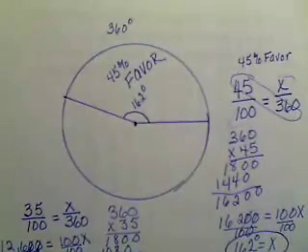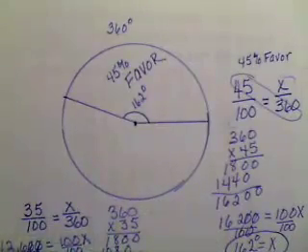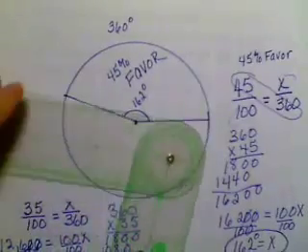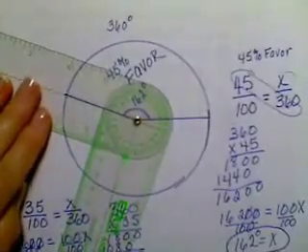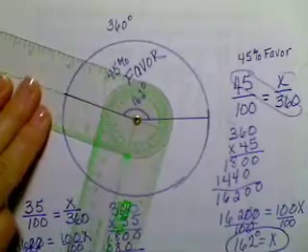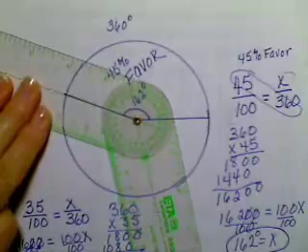If you're having trouble remembering how to use a protractor, you can Google, and there are some very nice detailed instructions and examples where you can find help for that.